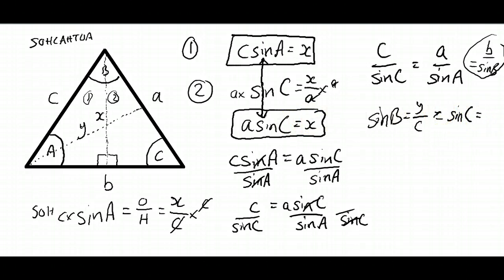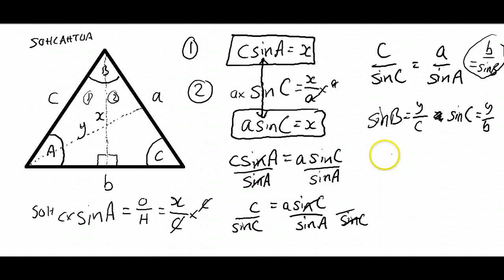And over this side we're going to have sine of angle C equals Y divided by B. Okay, and we can rearrange that equation in the same way that we did this one.